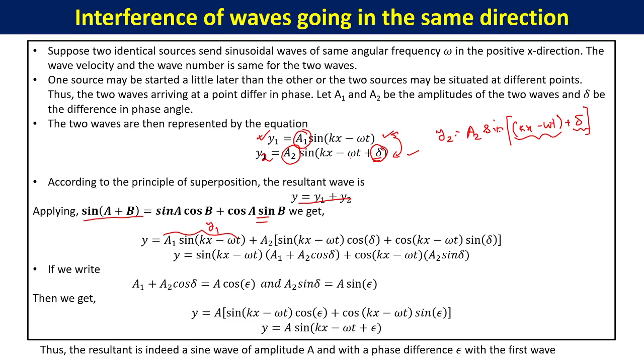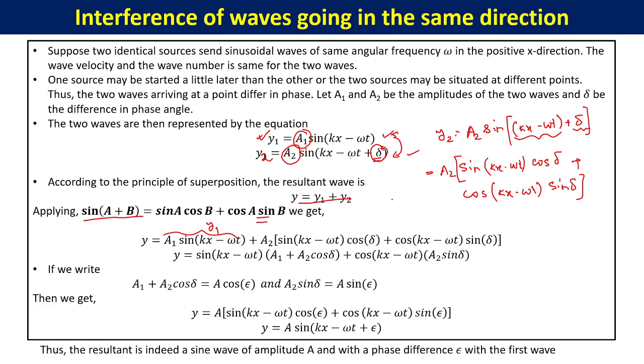So I can write a2 sine of kx minus omega t cos of delta plus, by the way this is common, cos of kx minus omega t sine of delta. This is quite similar to this particular formula.